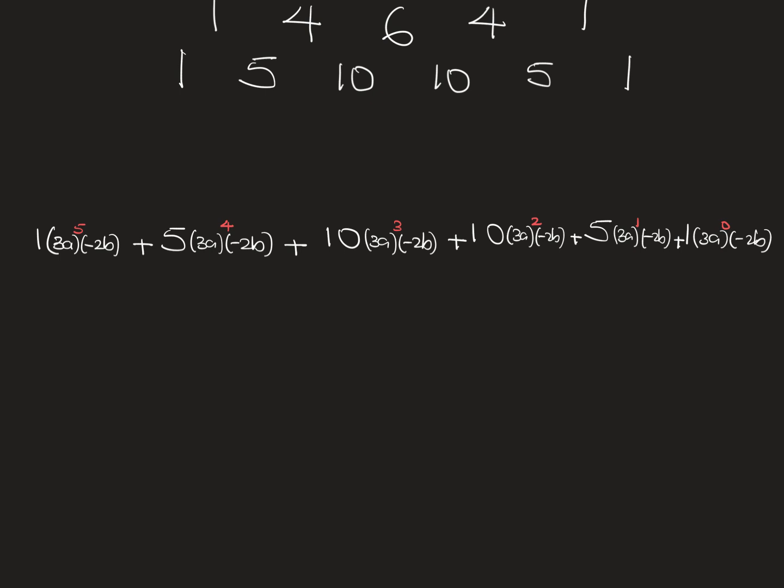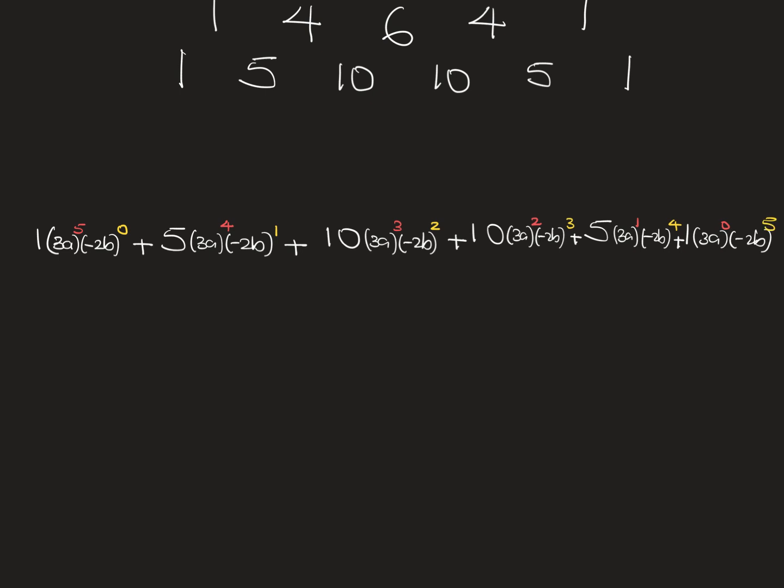And minus 2b goes in ascending order, so it will start from 0, 1, 2, 3, 4, and 5.